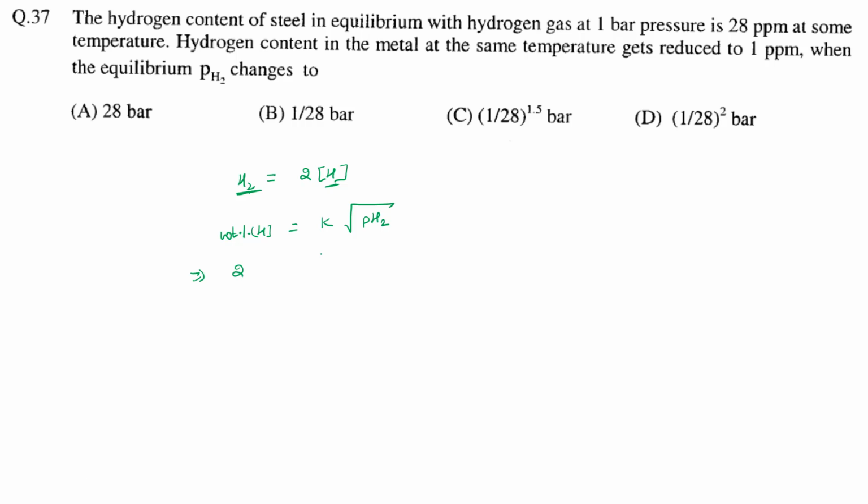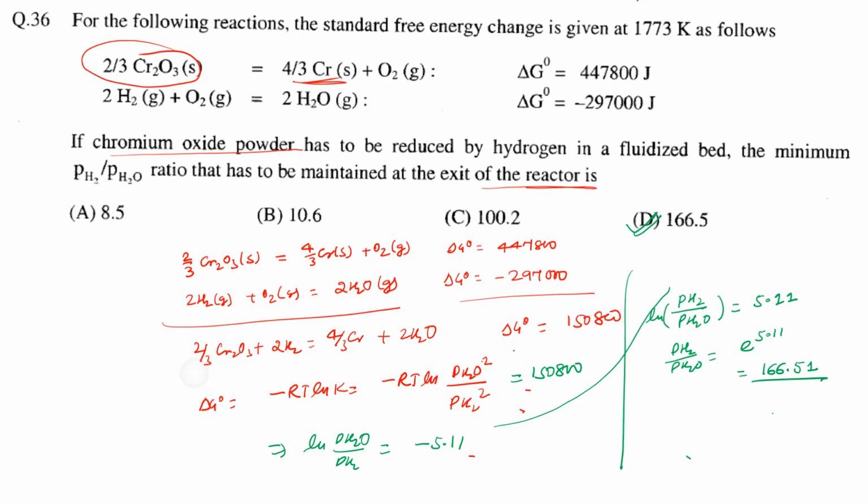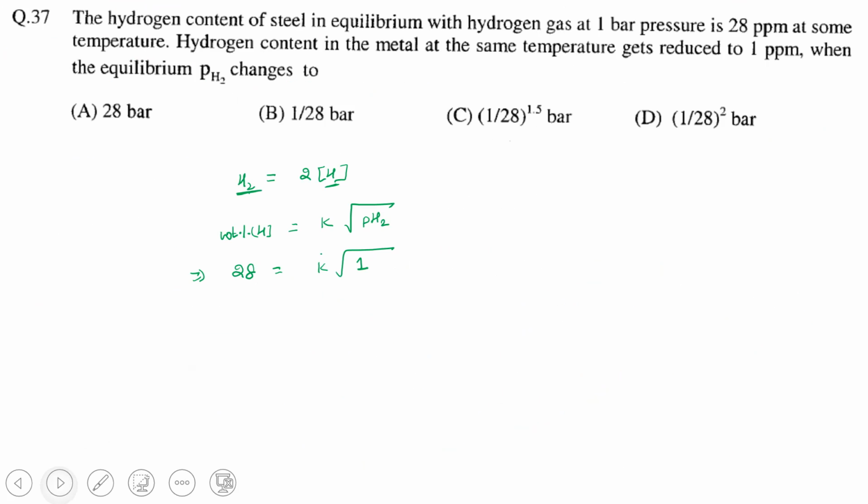So initially it is 28 ppm with partial pressure of 1. And next it is 1 ppm with partial pressure of X. We don't know what the partial pressure is, so we will divide both.